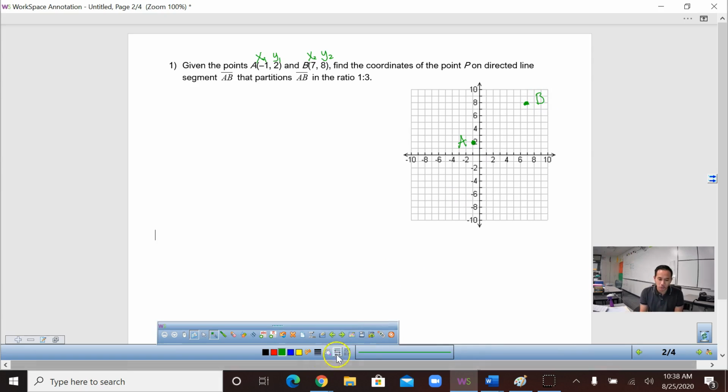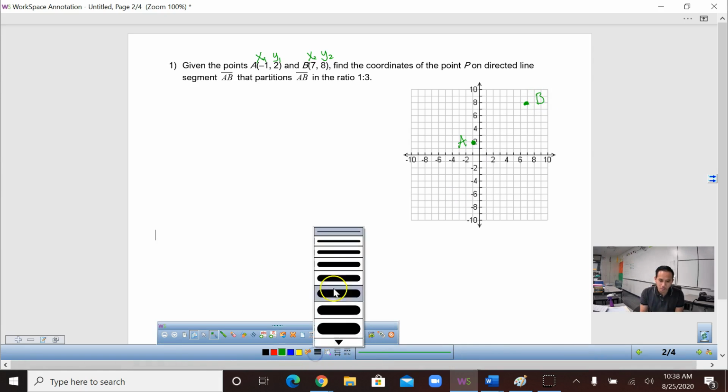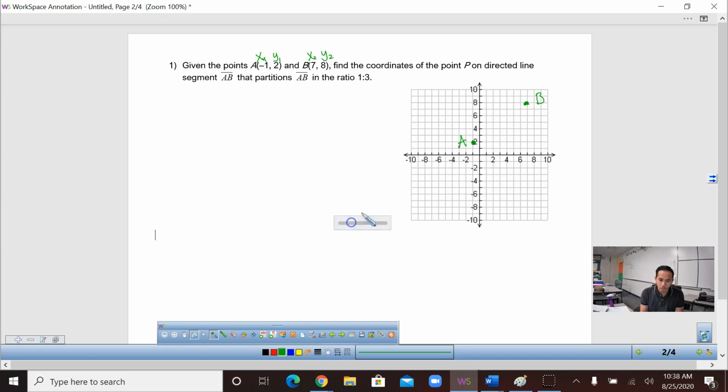Now you are going to draw a line segment on this. So I'm going to draw now. So draw a line segment from here. Maybe I'm going to use blue ink from here to there.